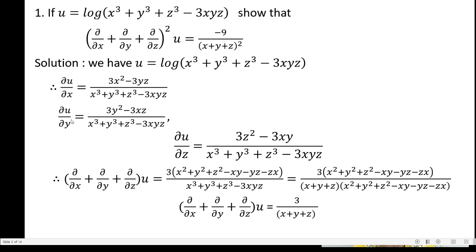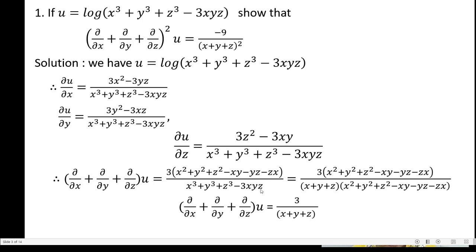So del u by del x plus del u by del y plus del u by del z. This can be written as del by del x plus del by del y plus del by del z into u is equal to, adding the three terms on the right hand side, we have the denominators the same, therefore the numerators can be added, and in the numerator 3 is common, so take 3 as common: 3 into x square plus y square plus z square minus xy minus yz minus xz, whole divided by this term.